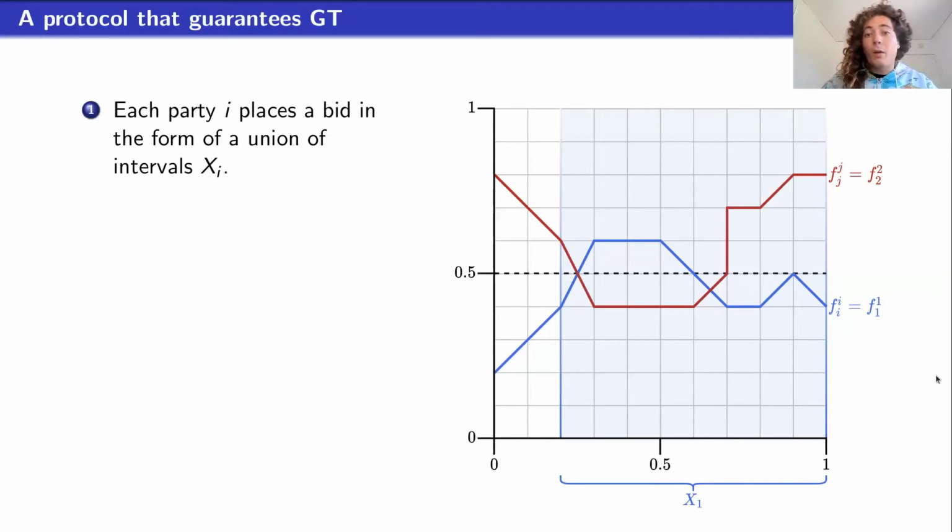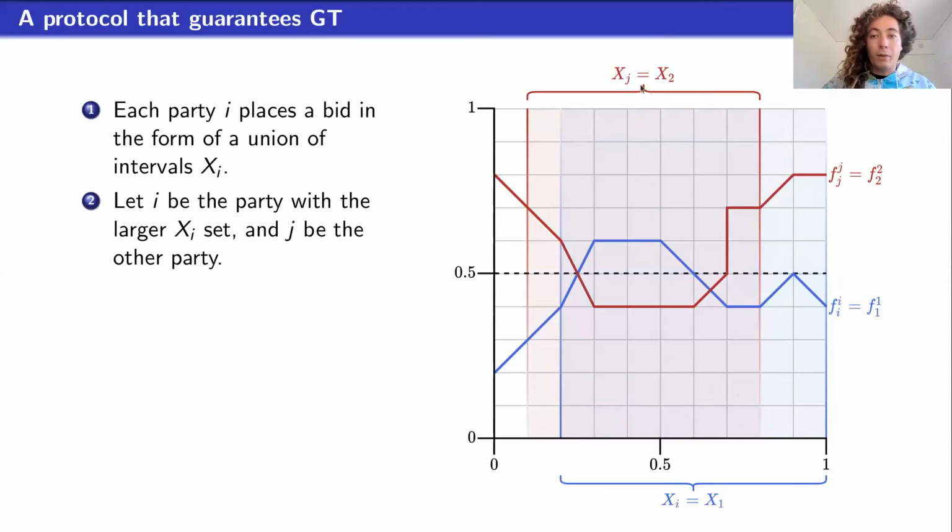I'm going to show you on the right one strategy that the party can use that will definitely guarantee their geometric target. That strategy is to find the maximal part of the largest set possible, such that the average of your density function is a half over that set. So that's the X set for the blue party.